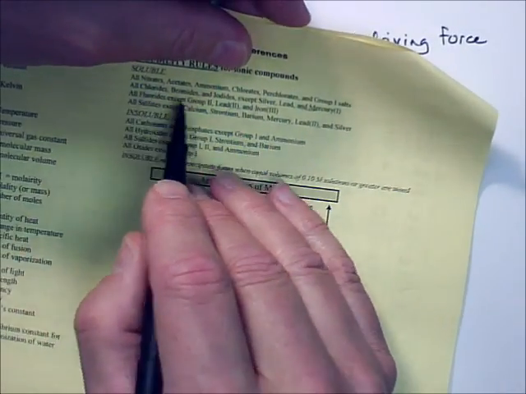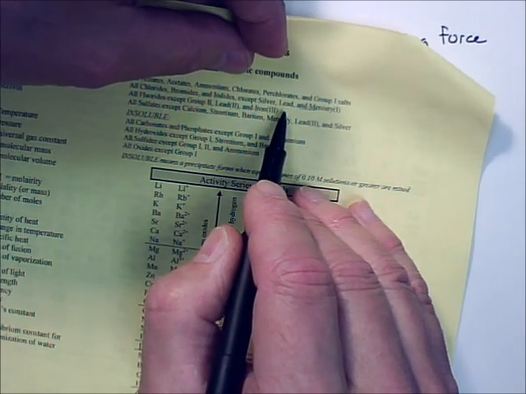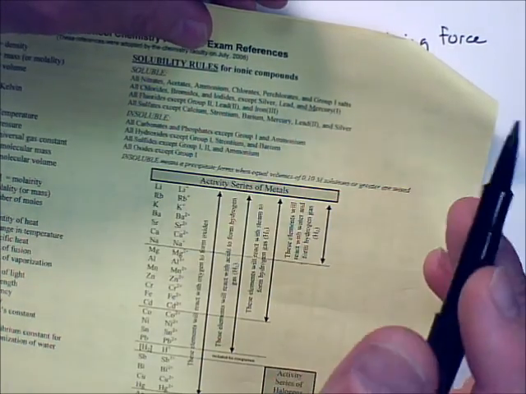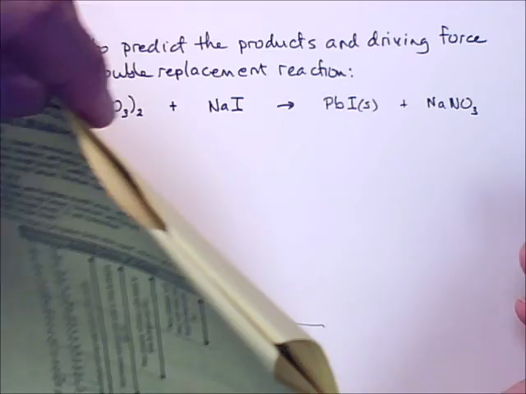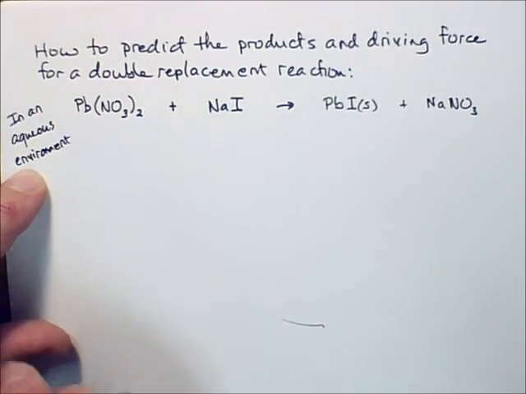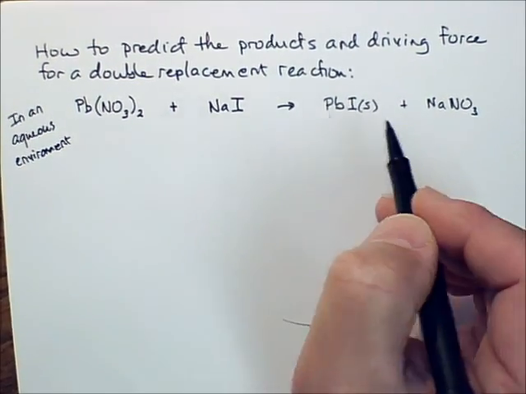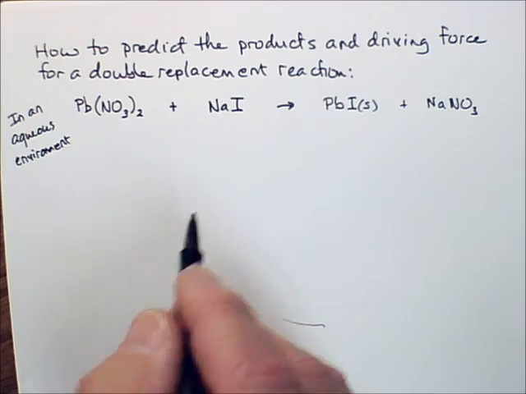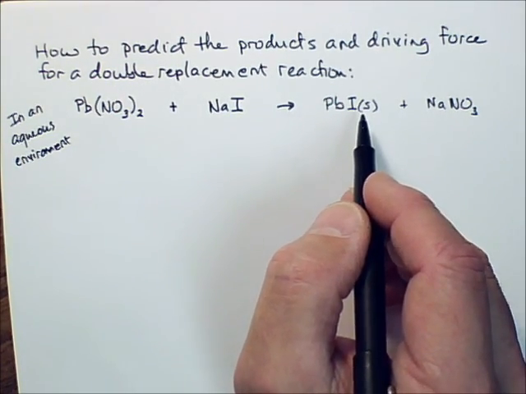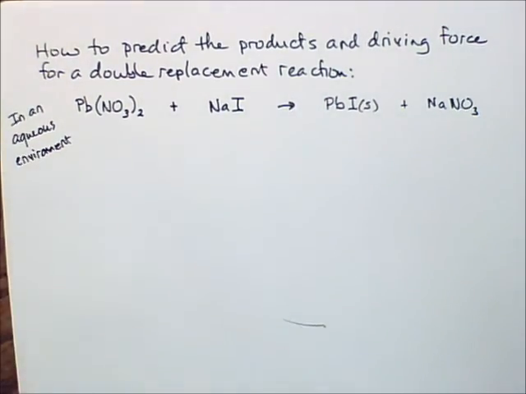But if iodides are combined with something that's an exception, in this case lead is an exception, then the compound is going to be the opposite of soluble, which means insoluble, and insoluble when in an aqueous environment means it's a solid. Well, there's our driving force. There is a driving force for this reaction, that driving force being the formation of a solid or precipitate in an aqueous environment.